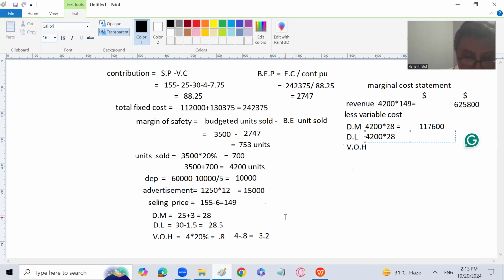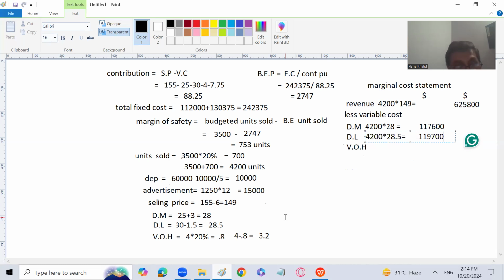Now the direct labor is 4,200 units sold multiplied by direct labor per unit. I have calculated 28.5 because it has been decreased by 5%, 1.5. 4,200 into 28.5, that is 119,700, right? So why are we calculating in total? We can calculate through per unit also. Yes, possible. But the question has required us to prepare the marginal cost statement.